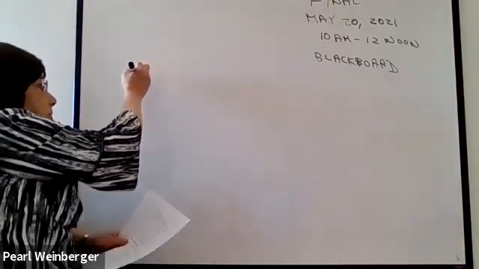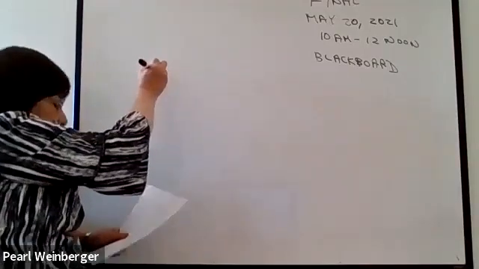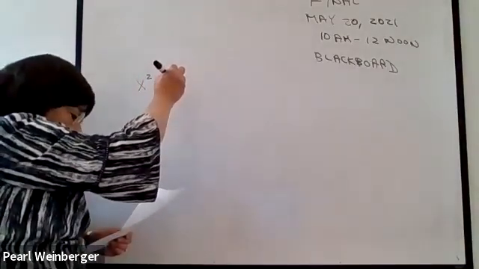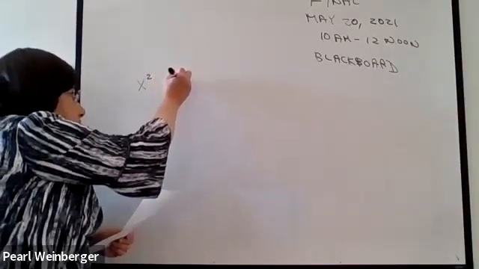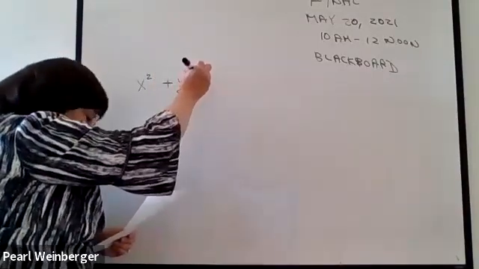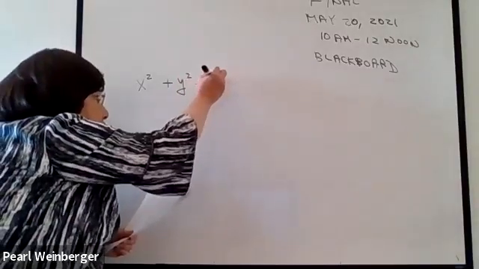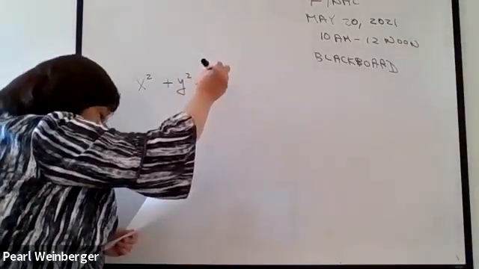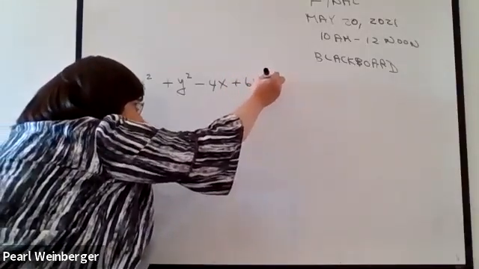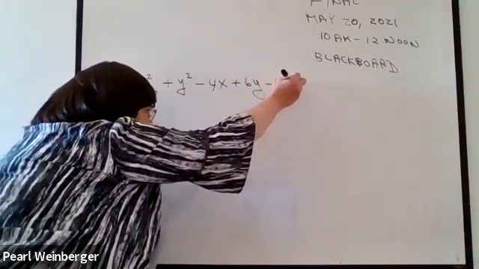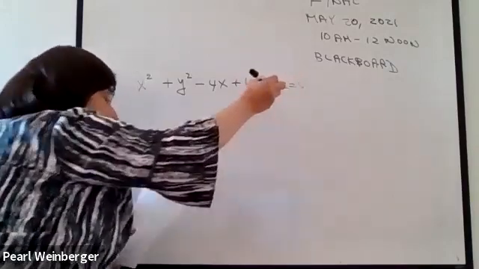Okay, suppose I gave you this, x squared plus y squared minus 4x plus 6y minus 12 equals 0.